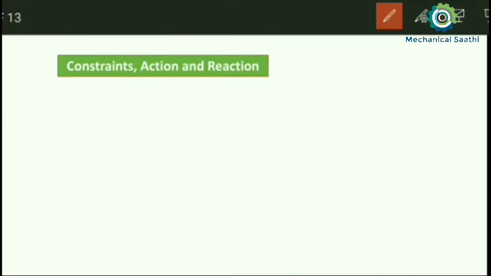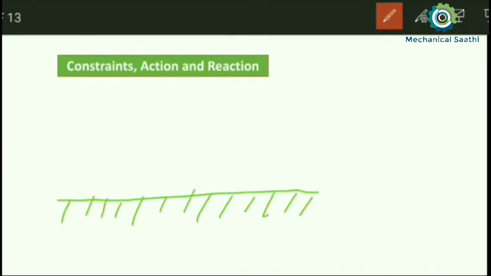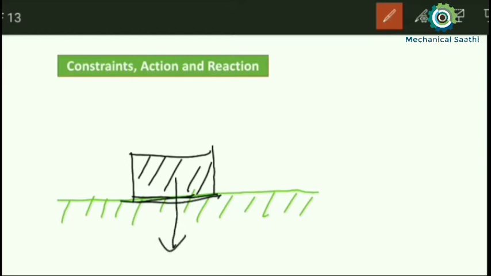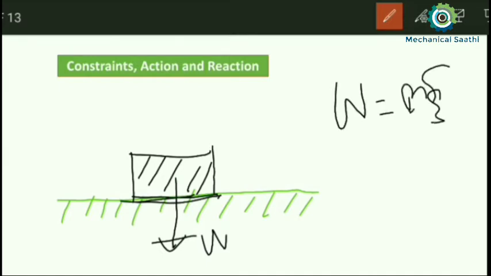Constraint means, let us try to understand this one. Let this be any fixed surface, and on the upper part of it, let a rigid body be placed which has a weight W. We can define weight as M into G, where M is the mass of that body and G is the acceleration due to gravity, both of which are constant.